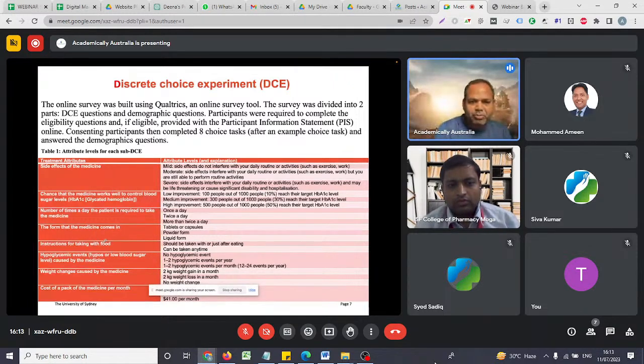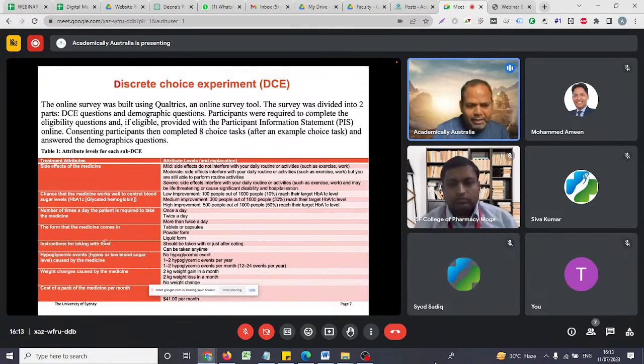First, the side effect of the medication, where we asked them mild, moderate, or severe. Then we asked about the effectiveness, especially HbA1c, or the number of times they need to take medications, or the formulation, like tablet, powder form or liquid form, or the instructions for taking, like before food or after food.